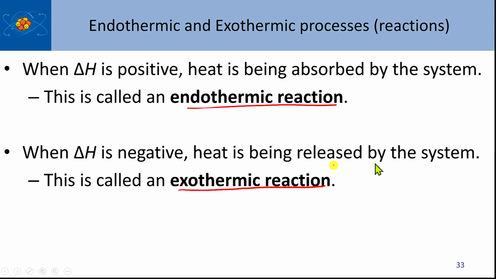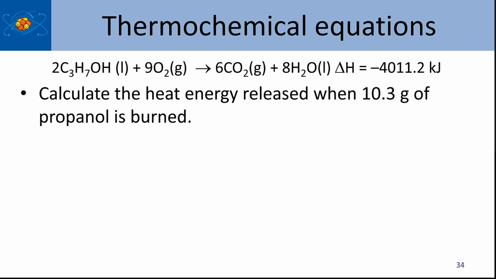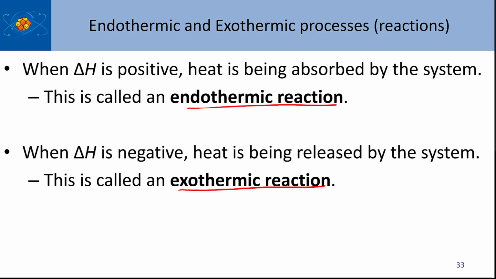So enthalpy behaves, or sorry, let me say one other thing. Enthalpy is an extensive property of the system. So what does that mean, right? So let me show you this next problem. Okay, so back up for a second.